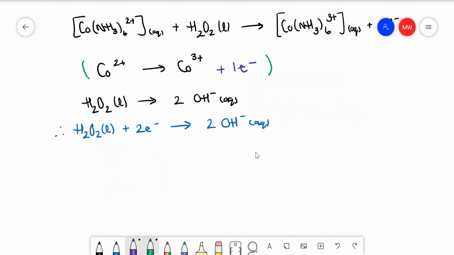And then I need to balance my electrons, so 2 for cobalt at the top. That means I will have 2 cobalts.